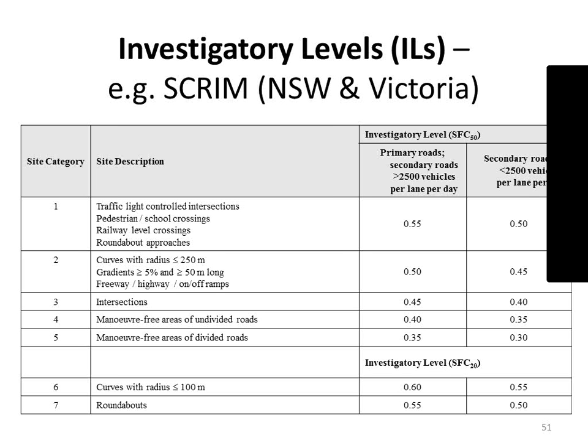Traffic light controlled intersections, pedestrian school crossings, railway level crossings, roundabout approaches. For primary roads, we're looking at an investigatory level of 0.55 measured by the SCRIM device at 50 kilometres an hour. Curves with a tight radius, we're looking at even greater demand, 0.6.